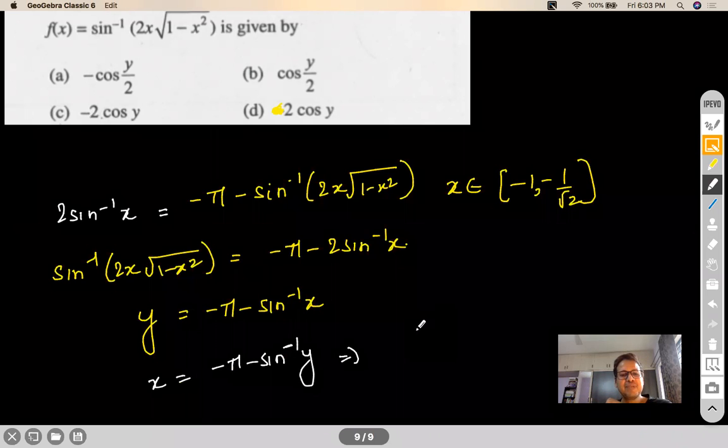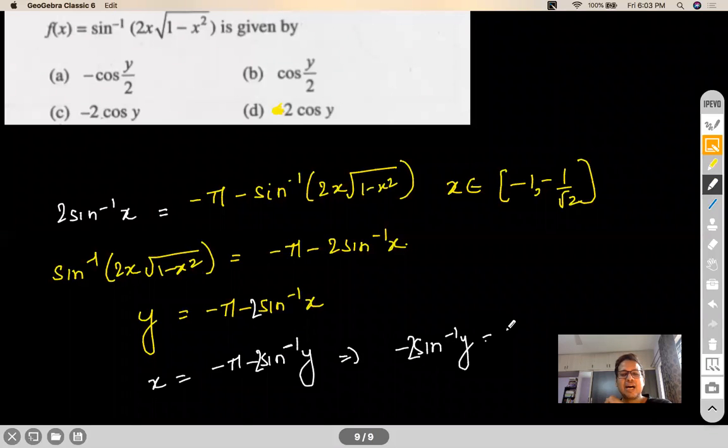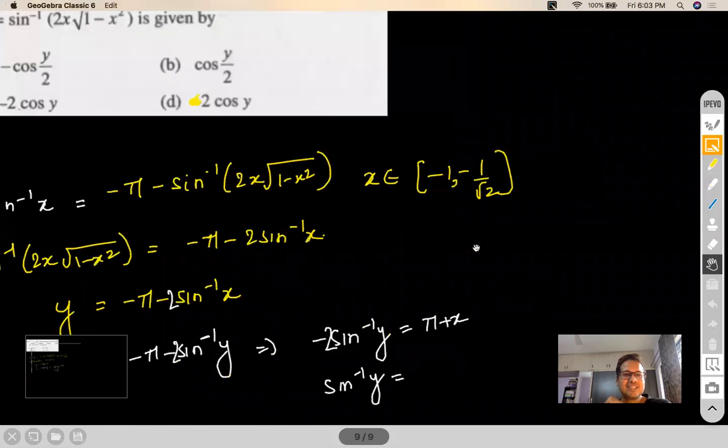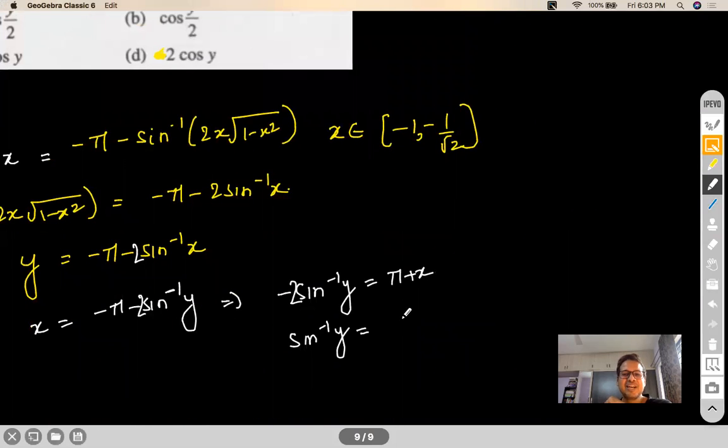So that will give me minus 2 sine inverse y is going to be pi plus x. So sine inverse y is going to be minus pi by 2 minus x by 2. So y is going to be sine of this.